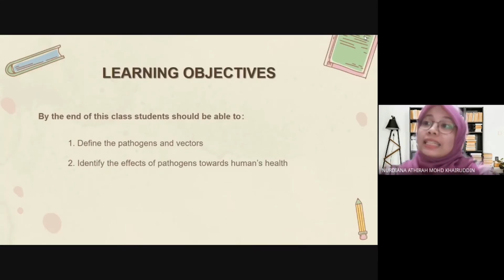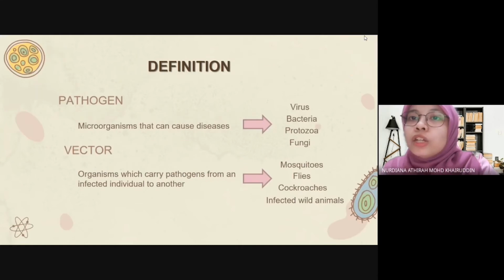Okay, so in this learning objective, by the end of this class, students should be able to define the pathogens and vectors and also identify the effects of pathogen towards humans' health. Okay, so this is the definition of pathogen and vector. So basically, pathogen is the microorganism that can cause disease.